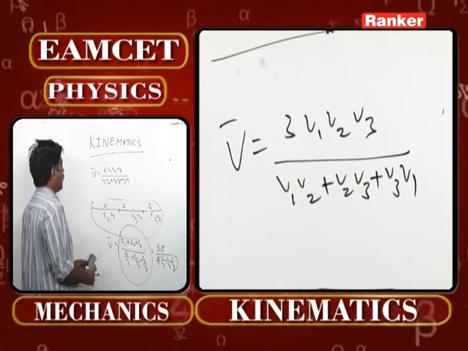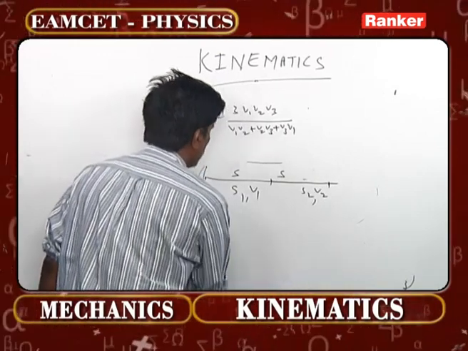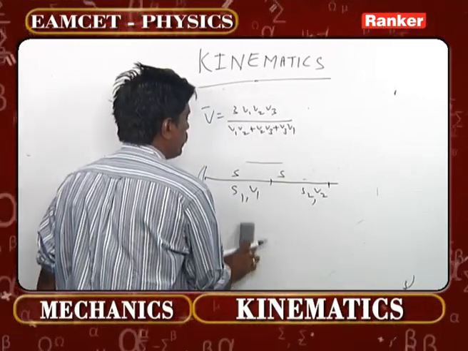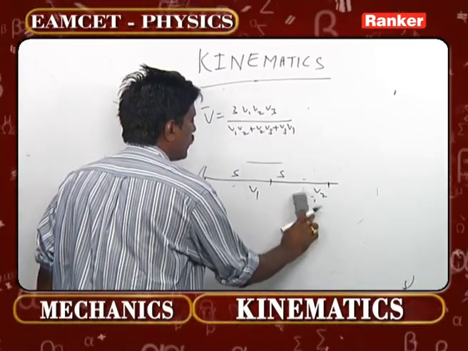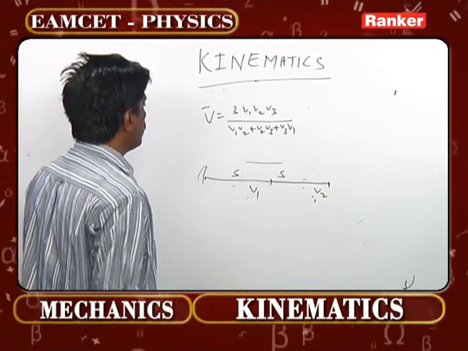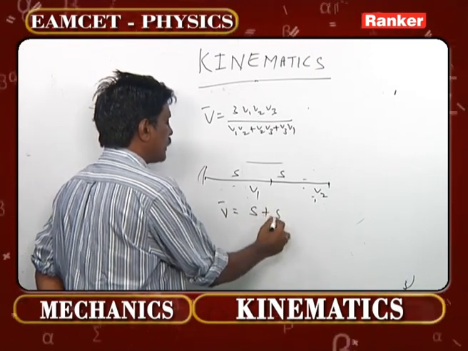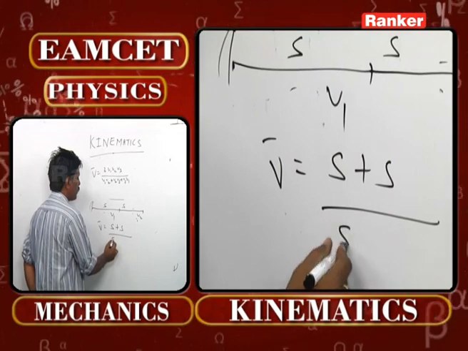Similarly, if it travels only two displacements, first half of the displacement with velocity V1, second half of the displacement with velocity V2, same relation will help you to find the average velocity, which is nothing but total displacement S plus S by total time taken.